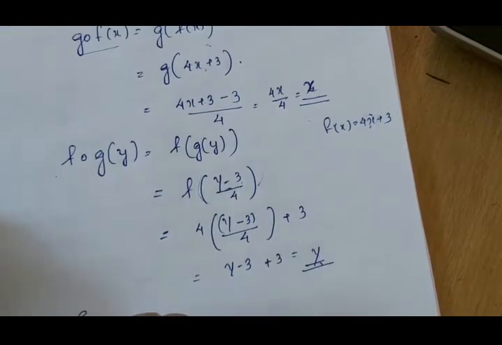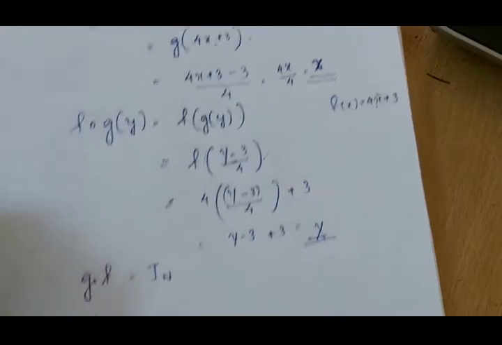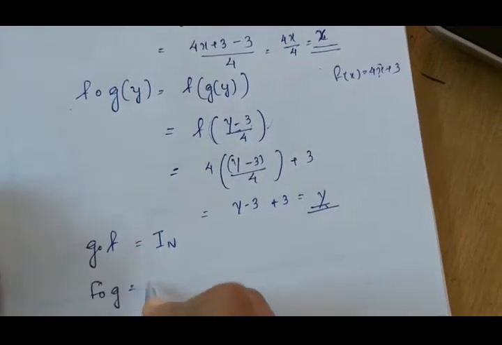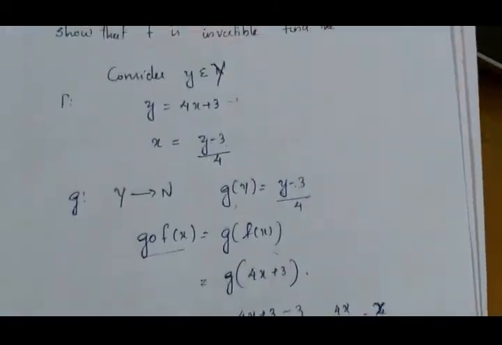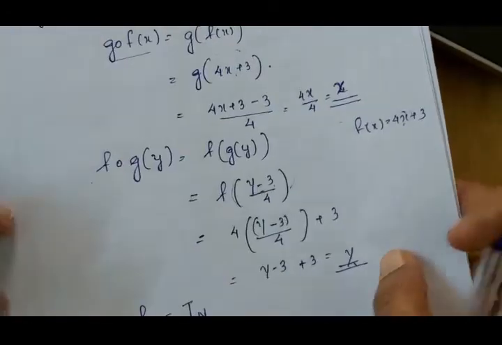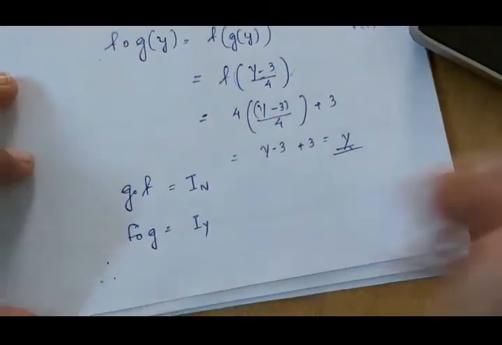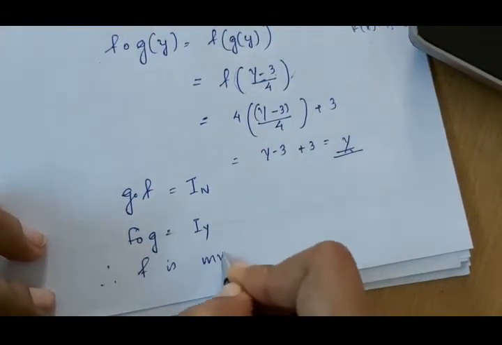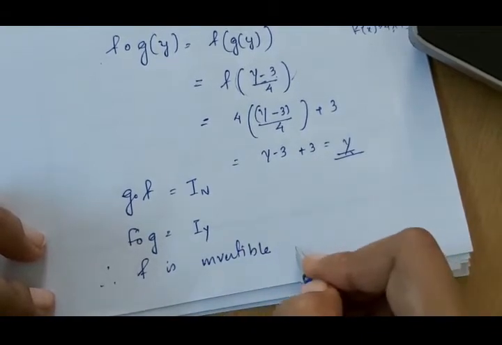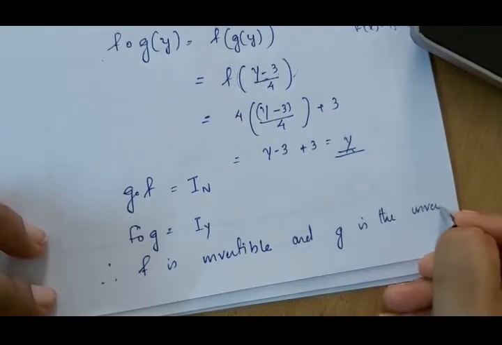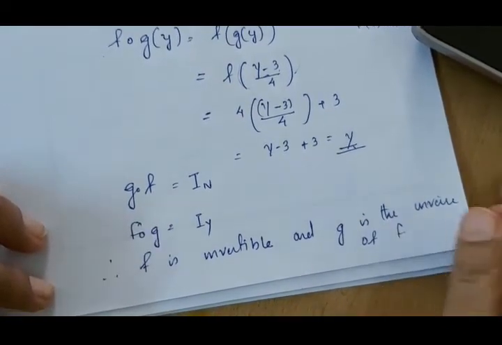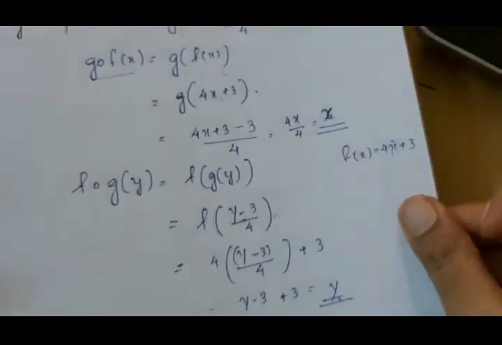So we can say that g composition f is equal to I_N and f composition g is equal to I_Y. If f is a function from N to Y and g is a function from Y to N, therefore f is invertible and g is the inverse of f.